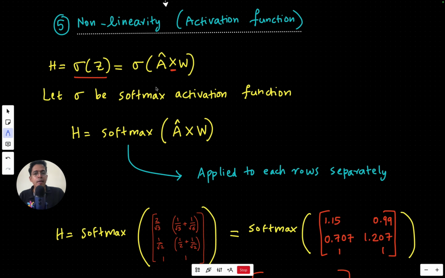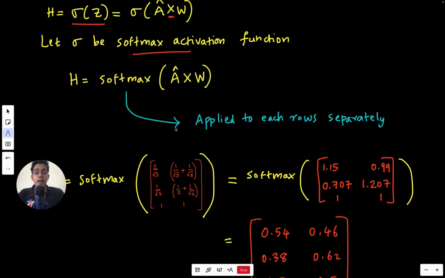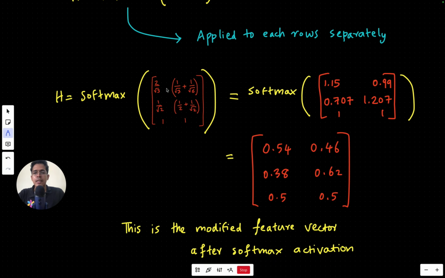Now imagine that our activation function is the softmax function. And we know what softmax is. Softmax basically converts a set of numbers into a probability distribution. So if we have three numbers and apply softmax on top of them, they will look like a probability distribution. If you sum those up, you will get 1. All the numbers will be between 0 and 1. So here softmax is applied row-wise, meaning when we apply softmax, first we look at these two numbers, this guy and this guy.